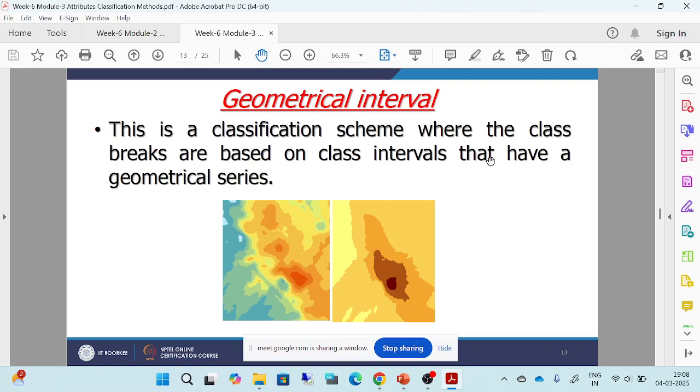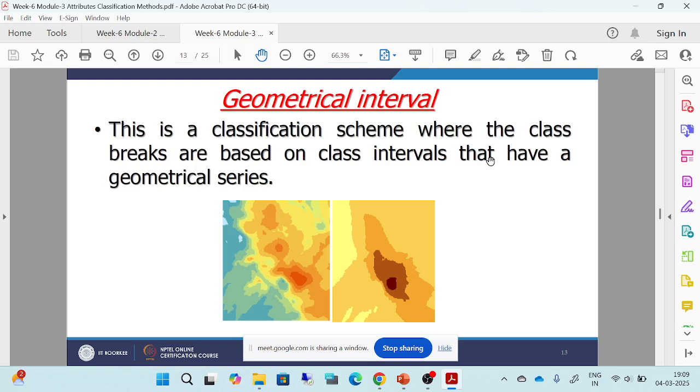But in case of equal area, whatever polygons you generate, whatever shapes they are in, ultimately you have the same area. Now this classification scheme, the geometric interval, is a slight variation to the equal area. Similarly, the class breaks are placed on class intervals that have a geometrical series.